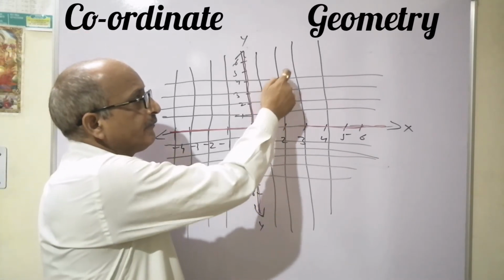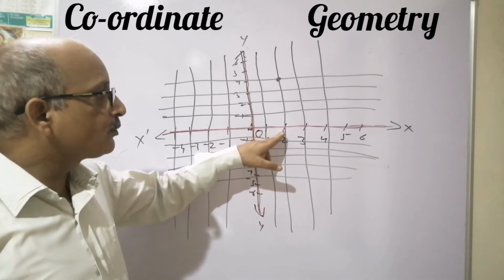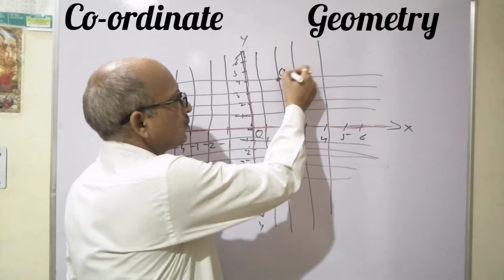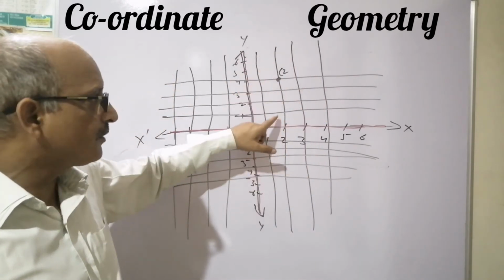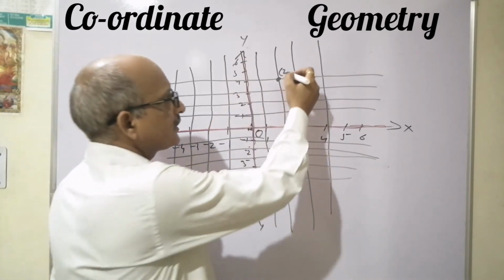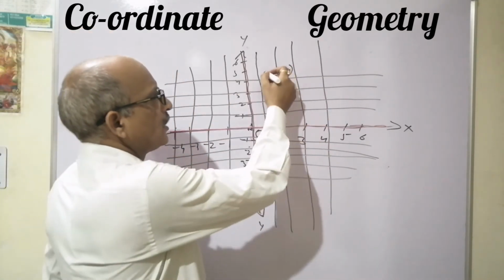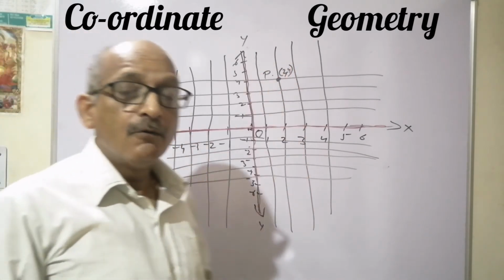If we want to reach here, first we have to go to gully number 2, and then reach the particular house number 1 2 3 4. So the coordinate of that point, say P, is (2, 4).